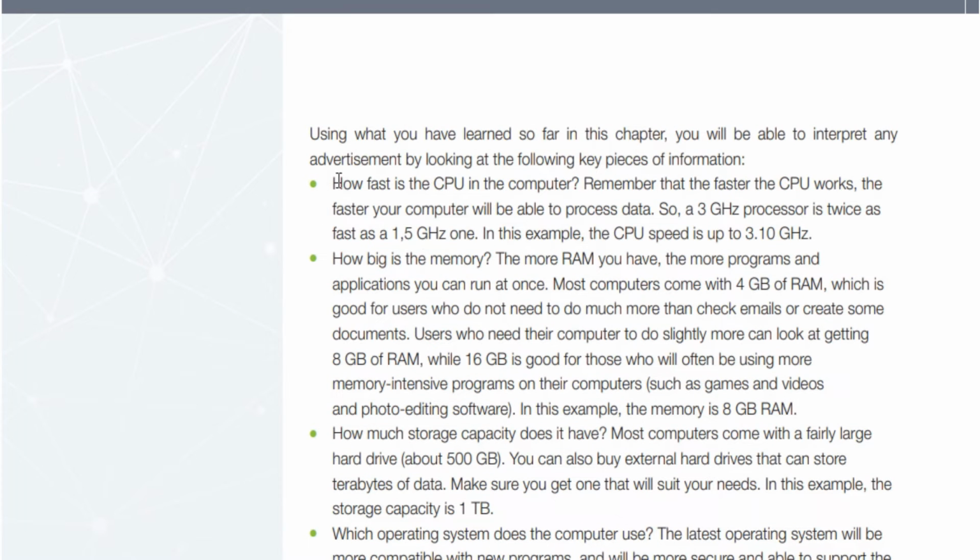That is, how fast is the CPU in the computer? How big is the memory?